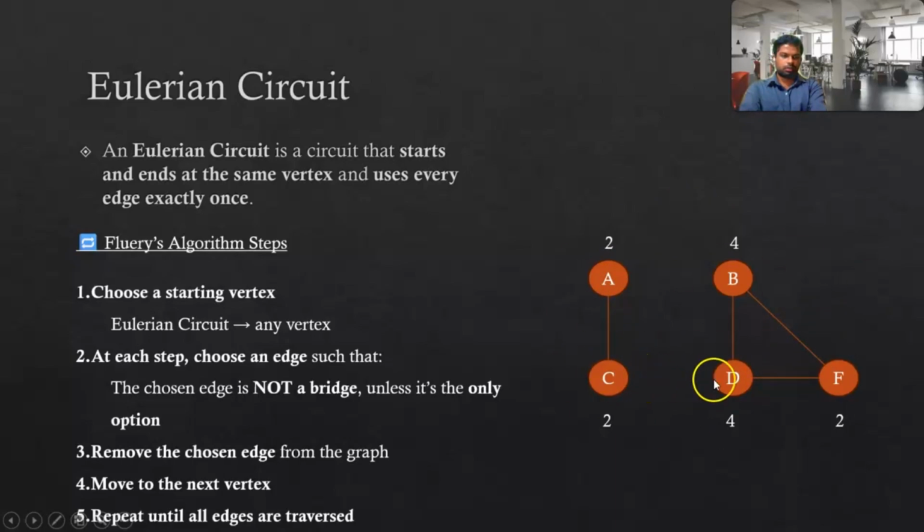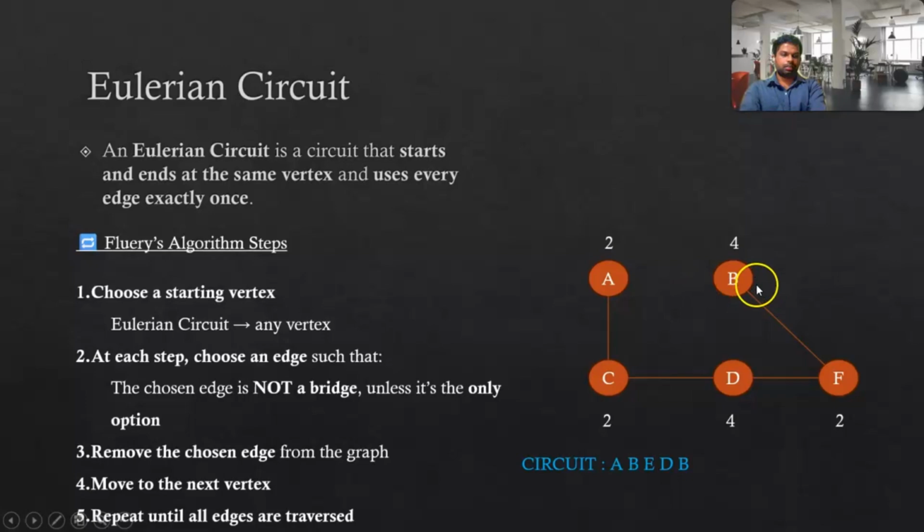So we can't go to C. So then we'll move on from D to B, since we cannot go to C. We delete this edge and our circuit becomes A, B, E, D, and then finally to B.